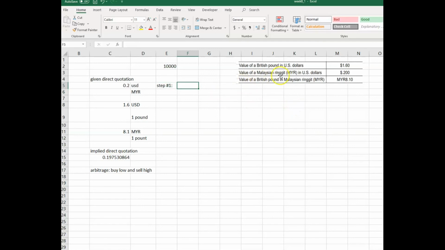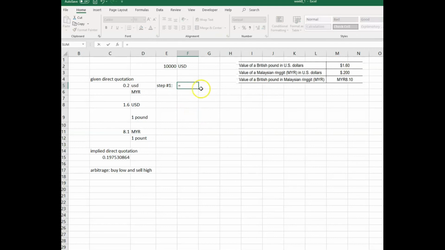Suppose we have 10,000 US dollars. For step one, we assume this is 1.6. We can buy and sell the pound at 1.6. We have 10,000 US dollars, and for each pound the price is 1.6.